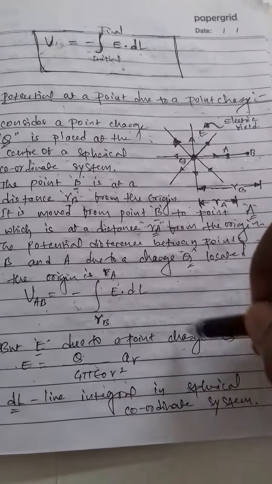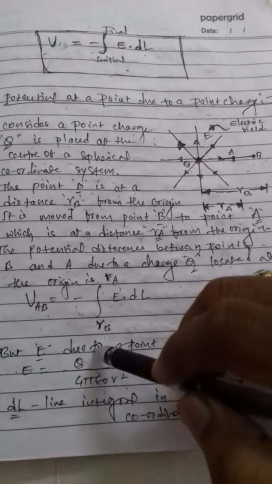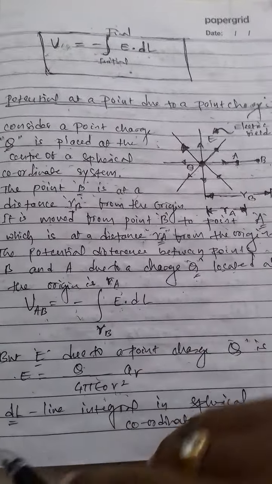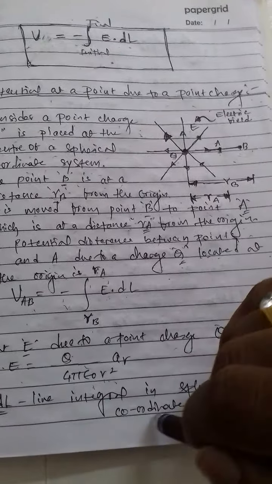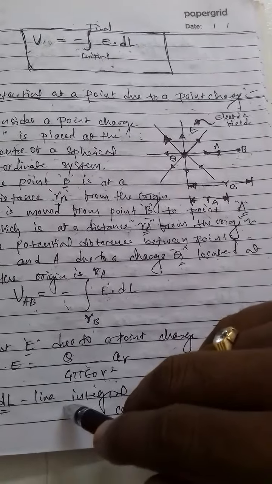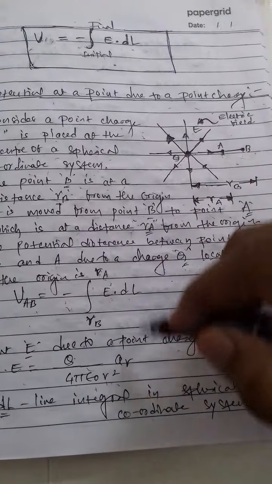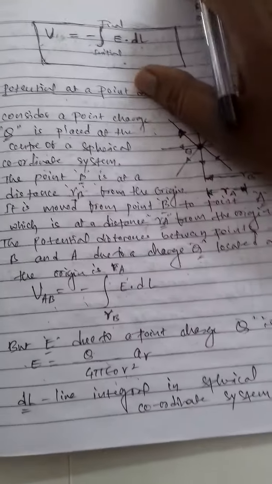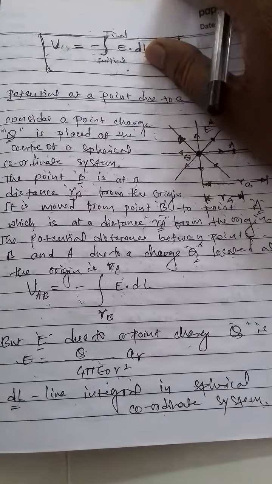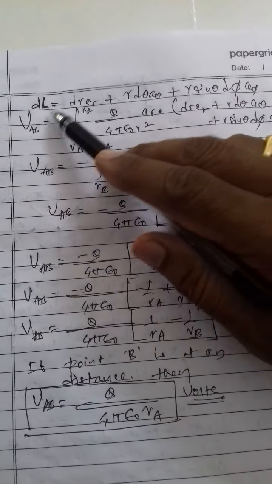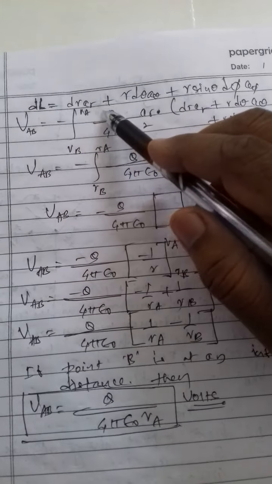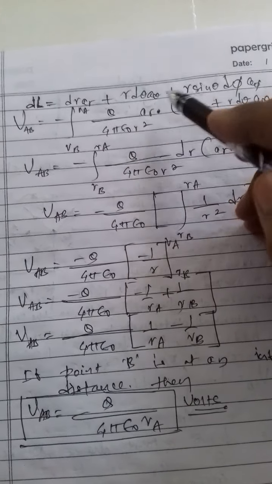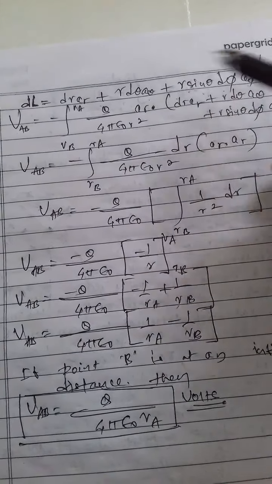Here dl is the line element in spherical coordinate systems: dl is equal to dr ar plus r d theta a theta plus r sin theta d phi a phi.